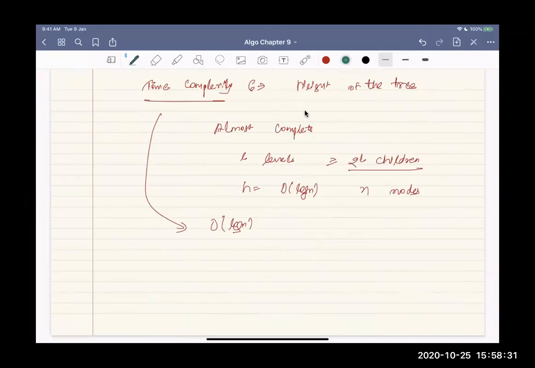Now what happens with the delete max operation? So I have to delete the root, and I have to restore again.